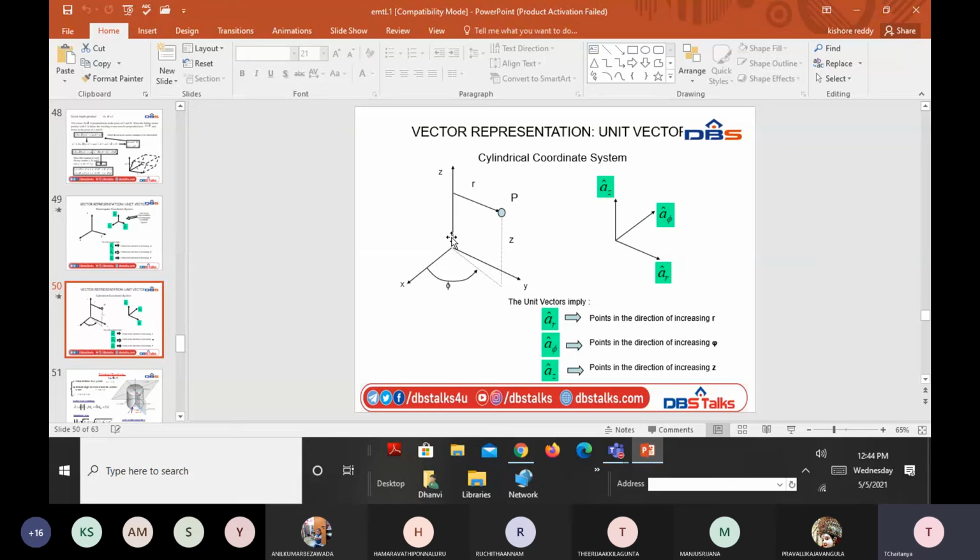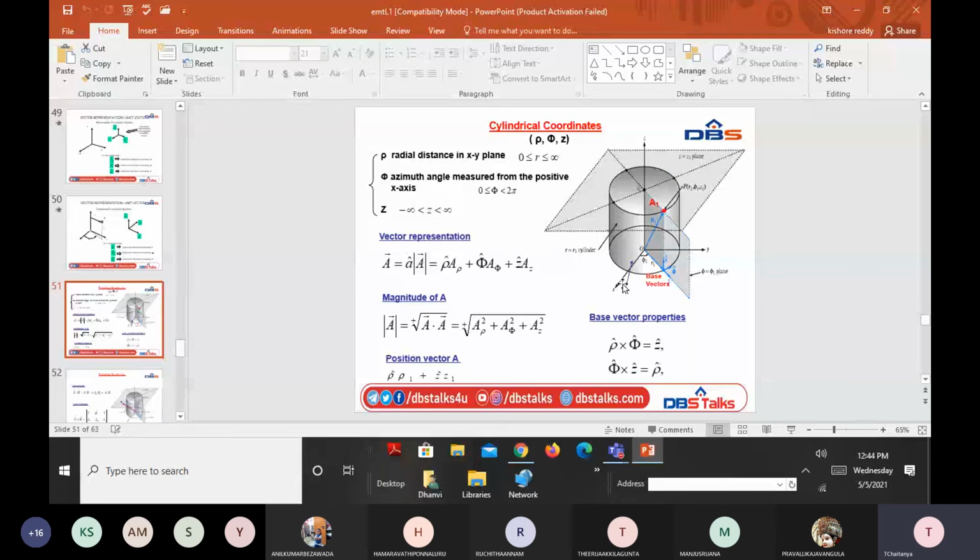Now see the cylindrical structure. Here is the point representation in a three-dimensional view. This is the radius of the cylinder. A cylinder has a top circle as well as a bottom circle with some height. This is the top circle, and here is the bottom circle. Between these two, we have the length of the cylinder, which can be placed along the z-axis.